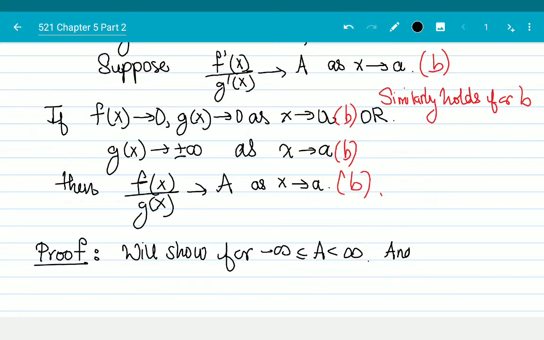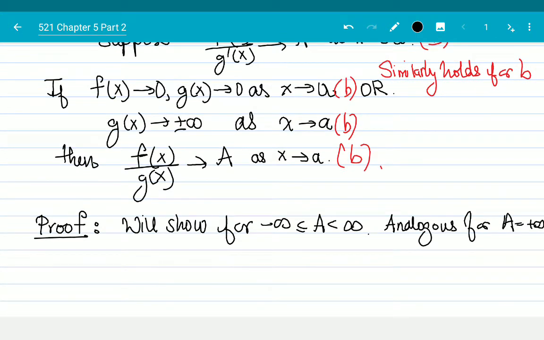Analogous proof for A equal to plus infinity. So I'm assuming for now that A is finite, or at least there is some real number greater than A. You can reverse the arrows of the entire proof, and it'll hold for the other way.